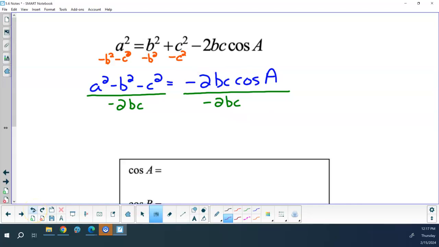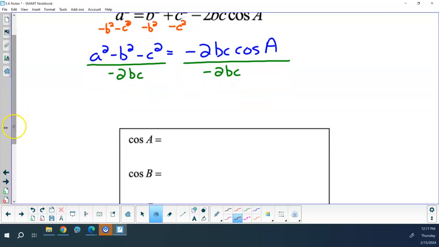The only thing that I can do is make it look prettier by not putting that negative sign down there. I do that by going b squared plus c squared minus a squared all over 2bc. I just change the signs. I multiply the entire numerator by negative 1.